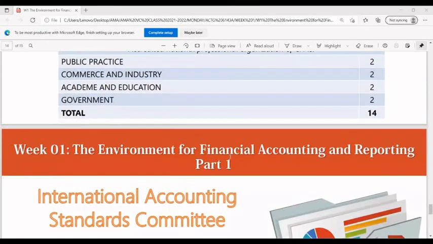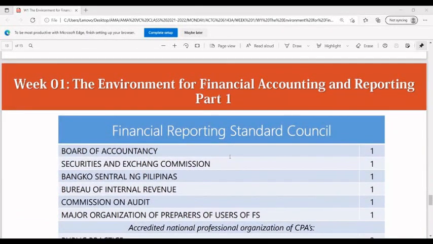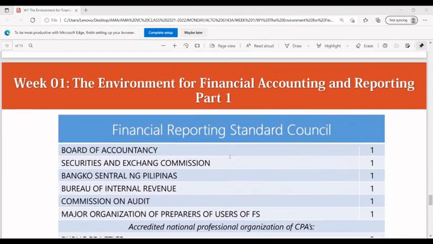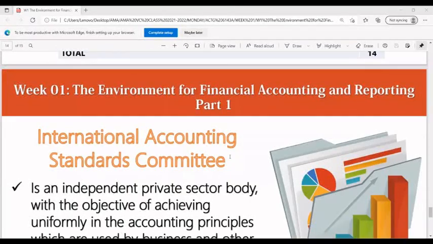A total of 14 representatives for the Financial Reporting Standards Council.